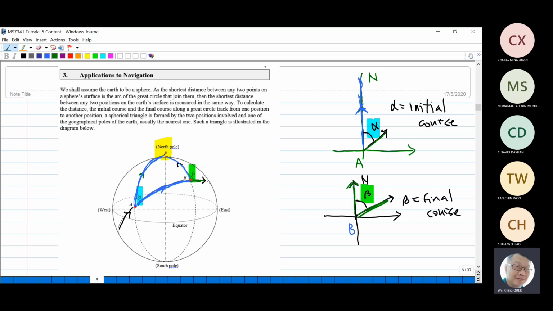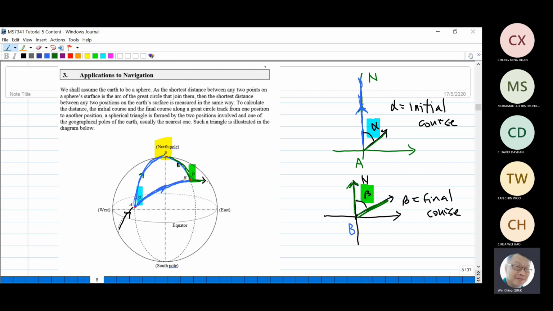It's called the final course, right? From the North Pole, measure from the North Pole to the angle, the final track. This is called the final course here. So initial course is between the North Pole and the track of motion, the track of the navigation.